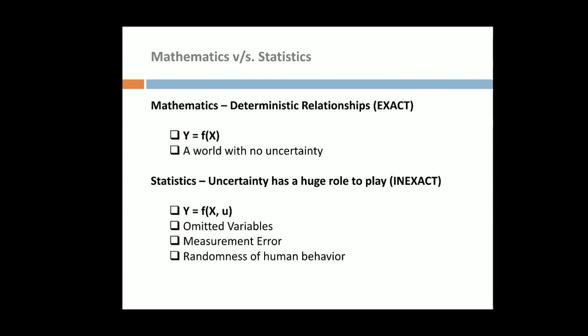So this U or uncertainty captures in essence a lot of omitted variables. Now what we mean by omitted variables is there could be a lot of factors which we are not accounting for. Either there might not be enough data sources to capture them, or it might not be feasible to capture a particular metric or a particular variable.